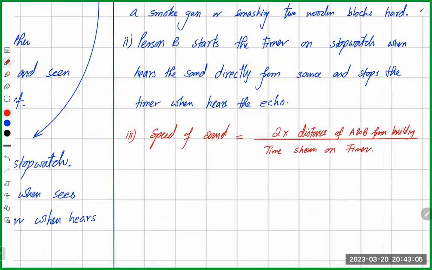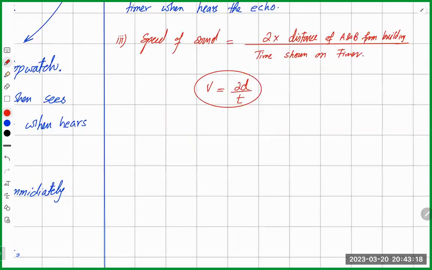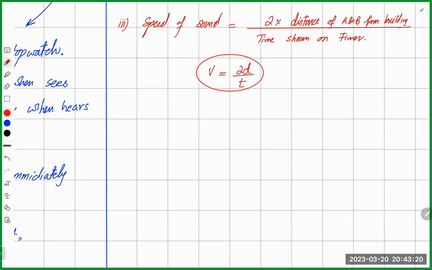So speed will be 2d over t. Okay? Confusion? No, sir. Good.